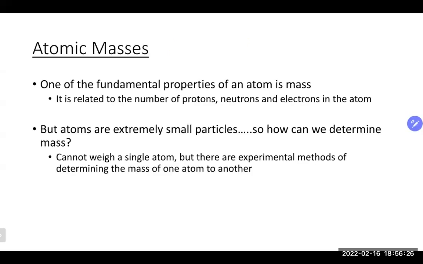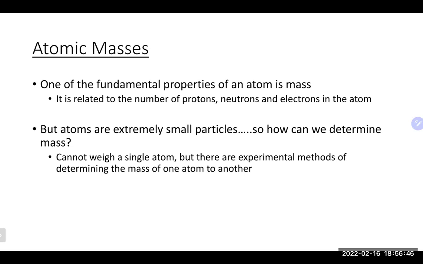All right, talk a little bit about chemical composition. One of the fundamental properties of an atom is its mass. It is obviously related to the number of protons, electrons, and neutrons that there are in the atom. Obviously, an atom is extremely small. You can't really pick it up and put it on a scale or anything like that.